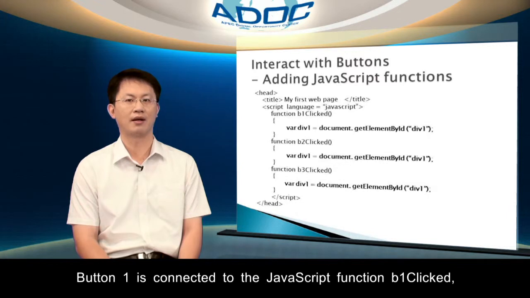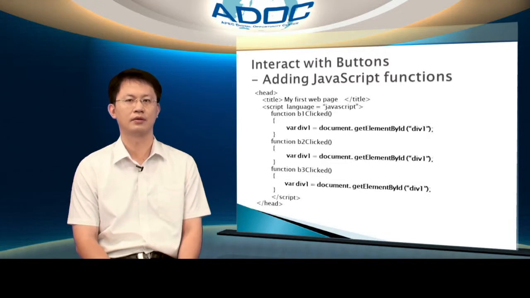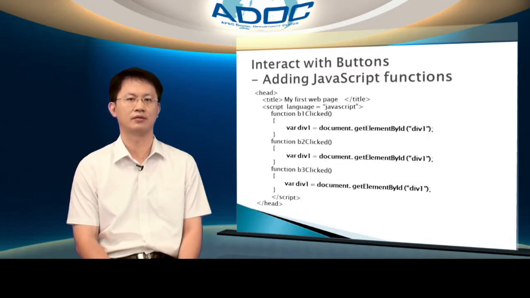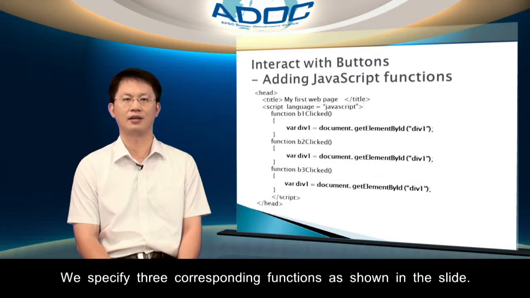Button 1 is connected to the JavaScript function B1_clicked, button 2 to B2_clicked, and button 3 to B3_clicked. And now we need to write those functions in the script element in the page's head section. We specify 3 corresponding functions as shown in the slide.